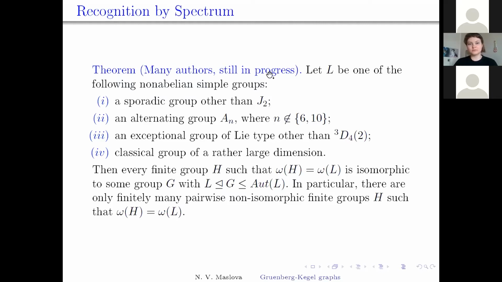You mean that this theorem gives results from different papers? From different papers, from different authors, and it's still in progress in the sense that there is an investigation by, as I know, Alexey Staroletov.